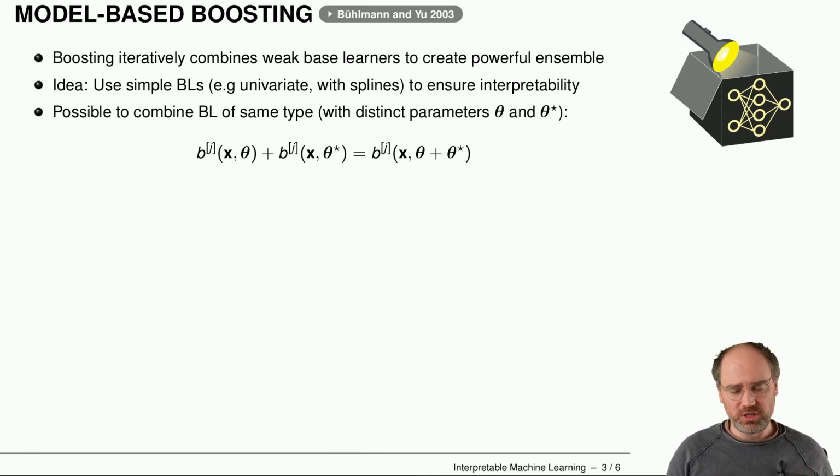We don't necessarily assume that every feature is active in our model, but we just have these potential base learners with splines, maybe even only linear functions, all defined on one individual feature. We have these base learners as a pool, and then we use the boosting framework, where in every iteration we search for the best fitting member of that pool. We add that into our ensemble, and then we iterate and go on.